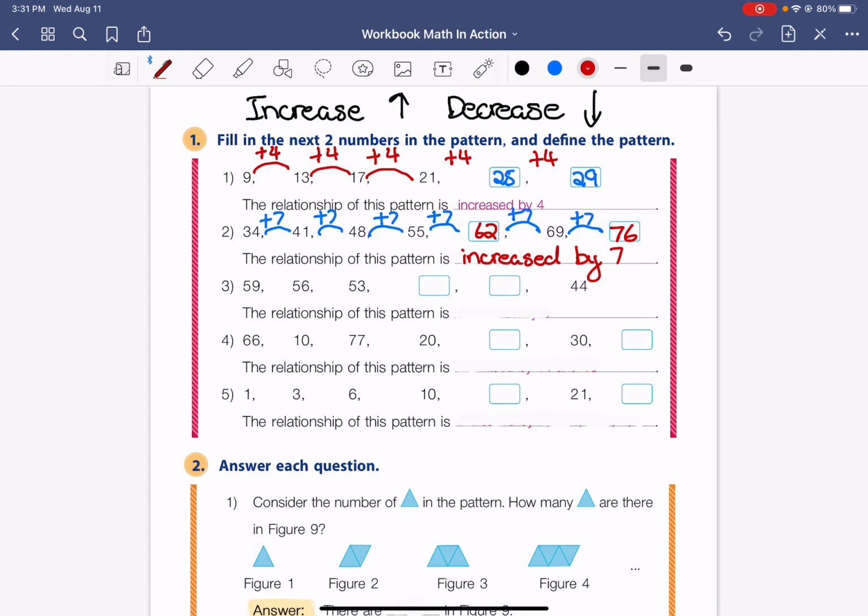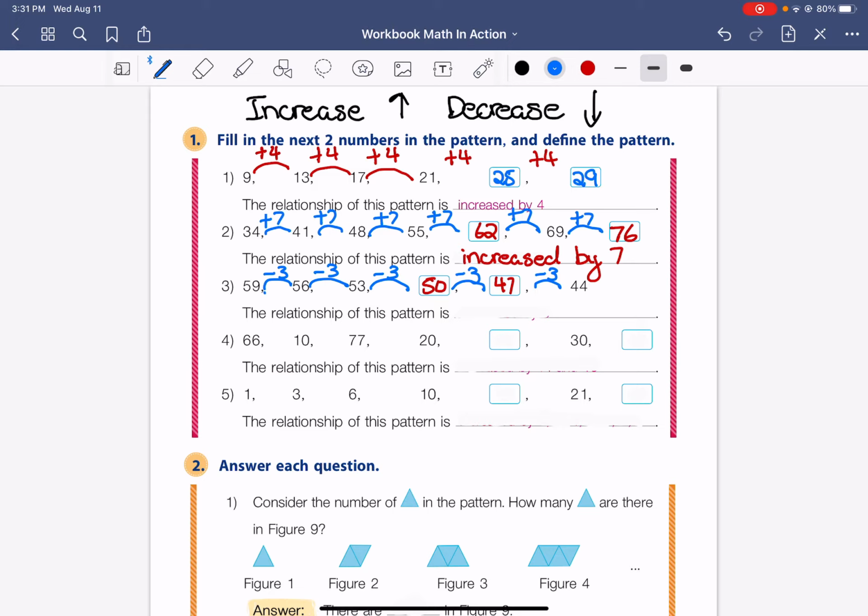All right, next one. The relationship of this pattern is number 3, 59 to 56. What is that? What happened? Minus 3. 56 to 53, minus 3. 53 minus 3 is 50. 50 minus 3 is 47. 47 minus 3 is 44.